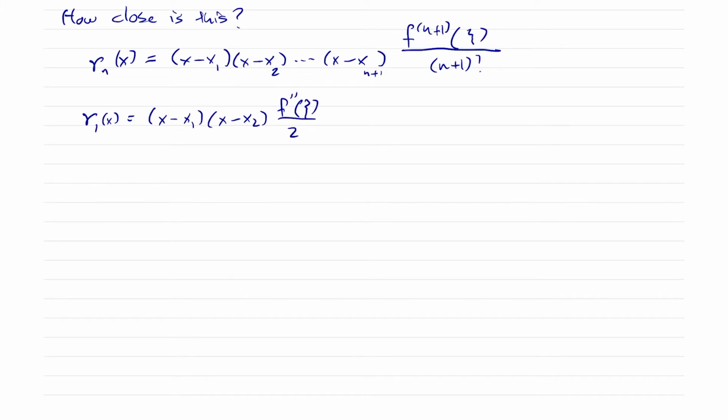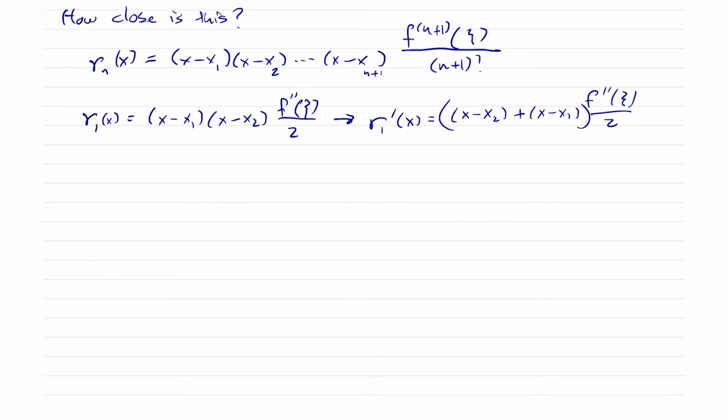Now we don't care about r1 in particular, but we care about its derivative. So if I take a look at r1 prime of x, we're going to have x minus x2 plus x minus x1, times f double prime of c over 2.